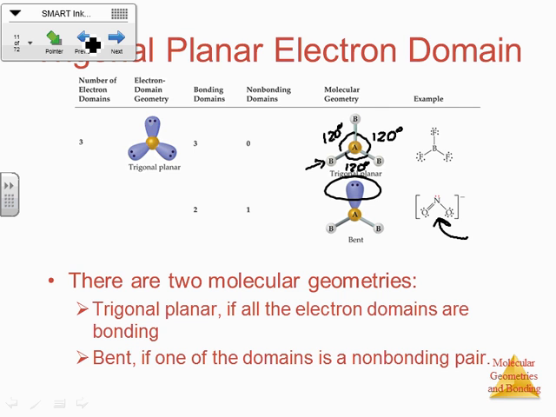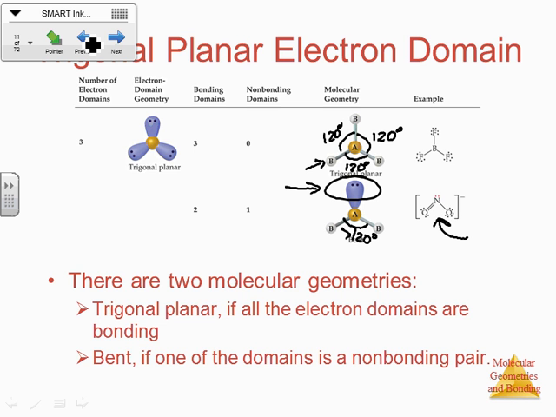Well, it turns out that the lone pairs actually repel a little bit more than the electrons that are in the bonds. They're by themselves, they're just a little bit more repulsive. And so that actually bends this angle right here to be a little bit smaller than 120 degrees. It's going to be less than 120 degrees.